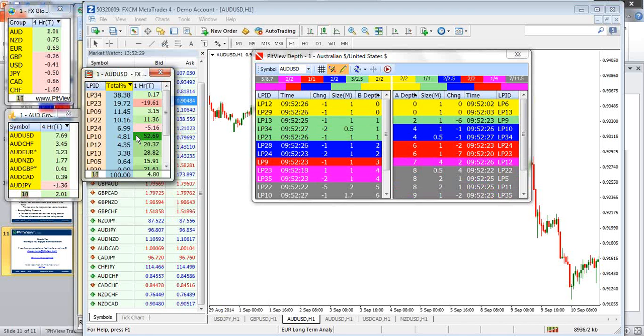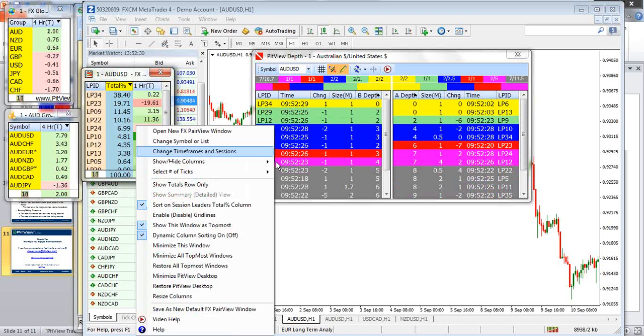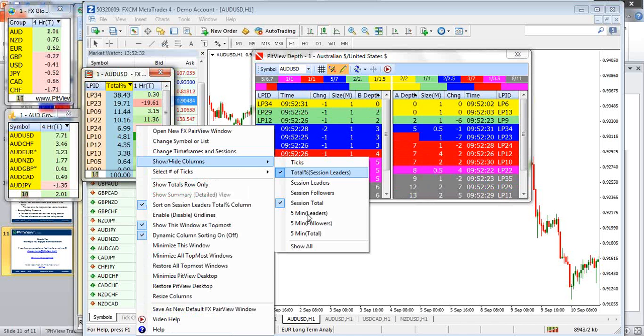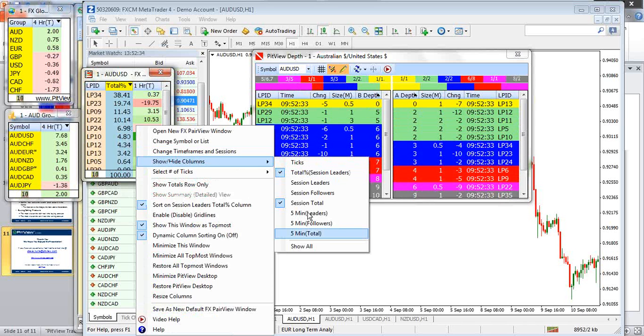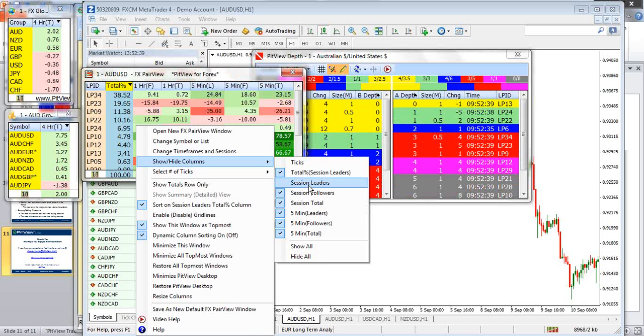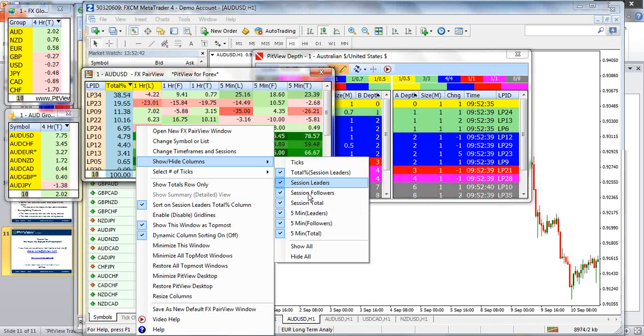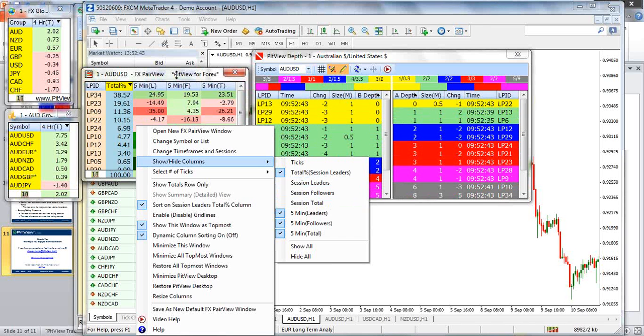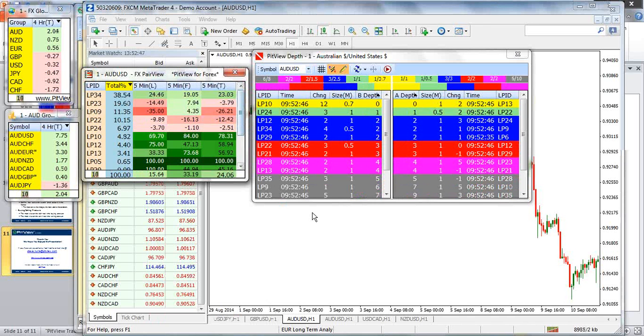Most of you already know how to look at those columns. Actually, let's just look at it over a 5-minute time frame over in here.